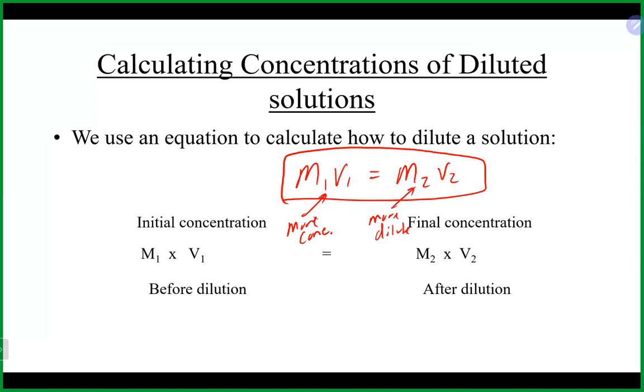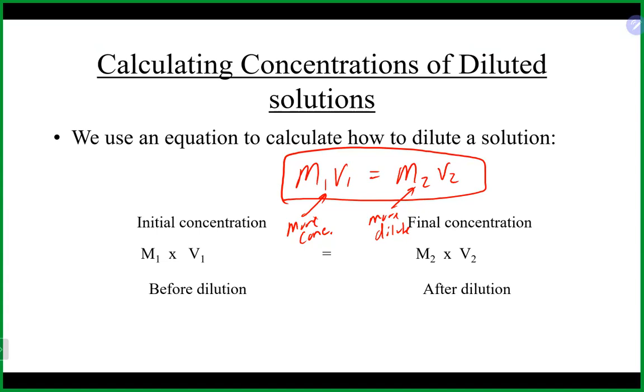Now, out of these formulas, when you're dealing with molarity and volume, this is the one formula where it really is okay if you do want to leave the volume in milliliters. It will work fine with molarity because all the units will cancel out correctly.